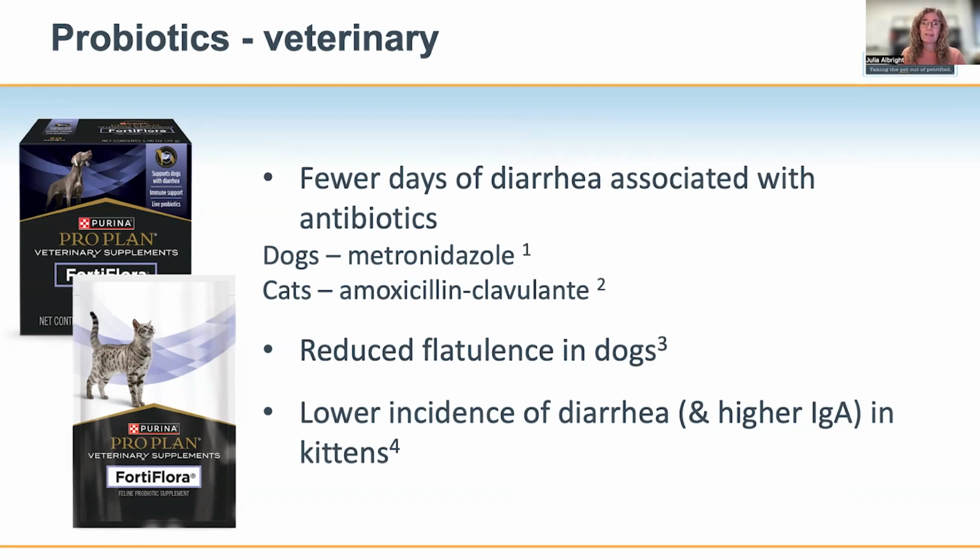And then in cats, the FortiFlora was given to some kittens that entered the shelter. And of course, we know that diarrhea is very common with these changes and entrance into the shelters. So kittens that were given the FortiFlora with their food had a lower incidence of diarrhea. But interestingly, they also measured the mucosal immunity, the mucosal antibody IgA, and that was higher in these kittens.